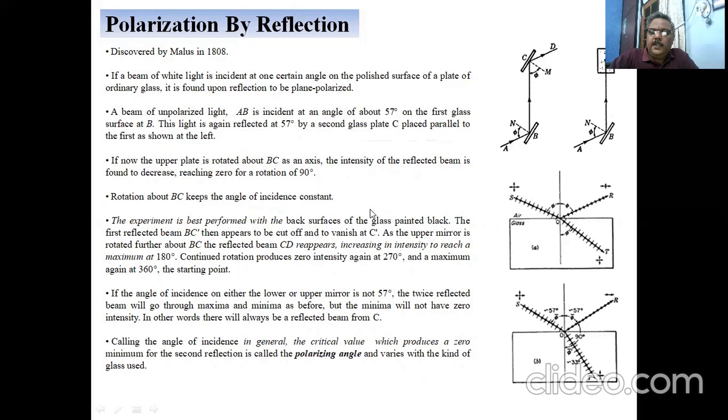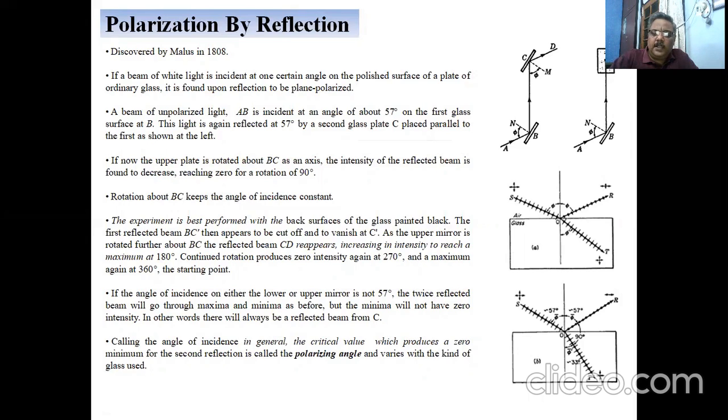So if the angle of incidence on either the lower or the upper mirror is not 57 degrees, the twice reflected beam will go through maxima and minima as before, but the minima will not have zero intensity. If we change the angle, then the intensity will vary, but it will not become zero at any instant.